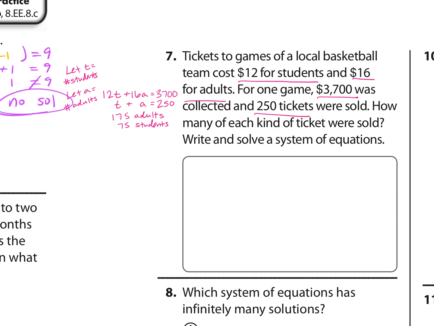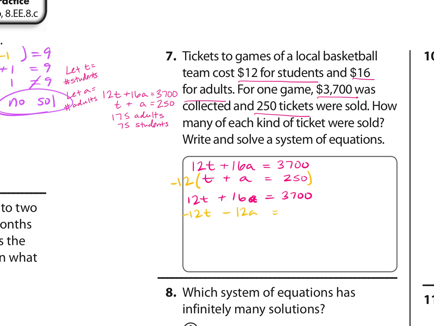I'm going to eliminate the T's by multiplying that bottom equation by negative 12. The result is we have 12T plus 16A equal 3,700, the top equation, which stayed the same. And then the bottom equation, we get negative 12T minus 12A equal negative 3,000.